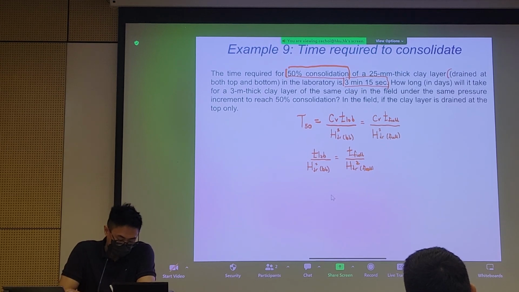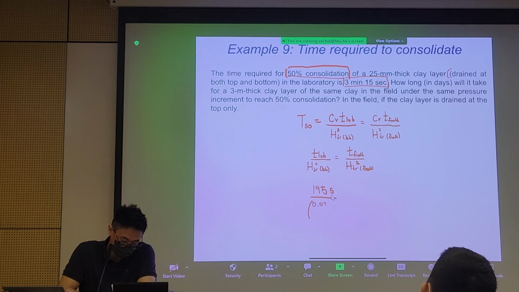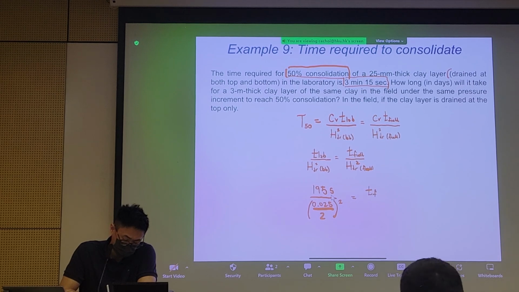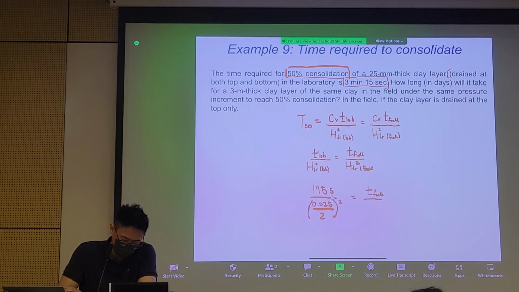So we know that in the lab it takes about 195 seconds because it's 3 minutes and 15 seconds to consolidate, and the specimen in the lab is 0.025 in units of meters, and in the field we don't know the time that it'll take because that's what we're trying to find out in this question.